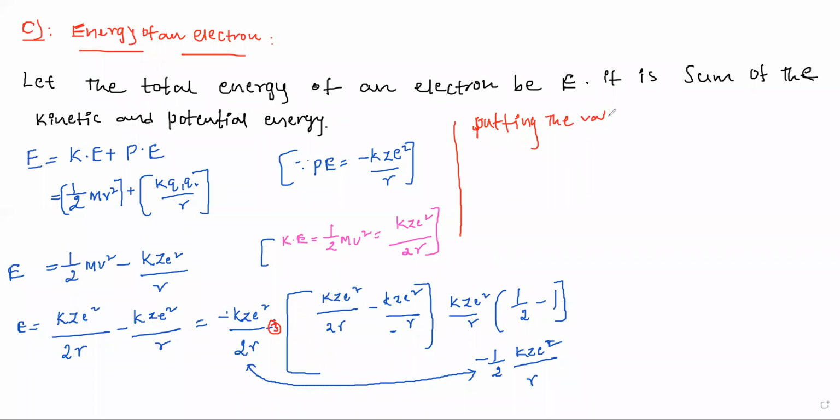Putting the value of R in equation 3, which we discussed the day before yesterday. What is that? R equals n square h square by 4 pi square m K Z e square. This is equation number 3. If you substitute this value of R in equation number 3, what will we get here?